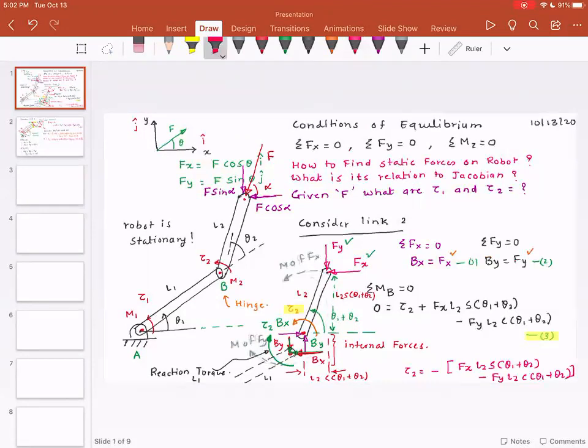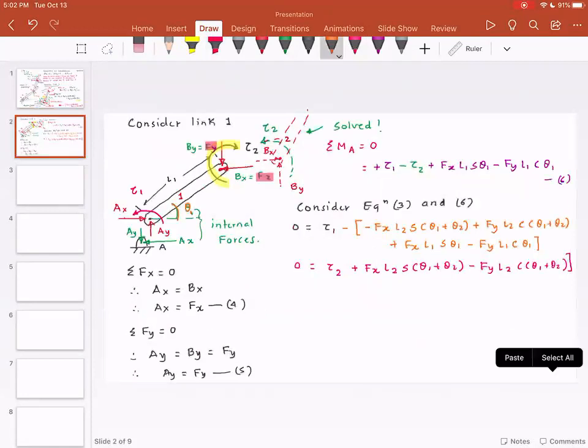This tau 2 we substituted from equation 3, and when we substitute it, we have this equation 7, and this is equation 3 that is repeated over here.